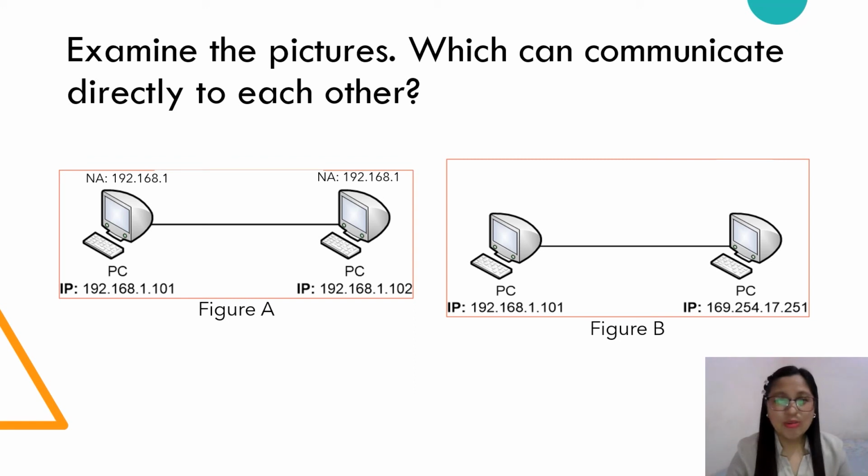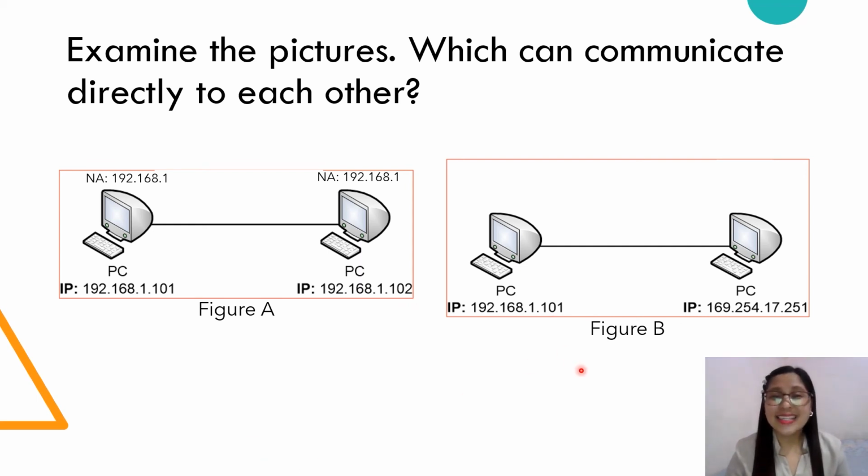Remember that the host address must be unique. No two computers or devices in the same network would have the same host address. Both PCs have different host addresses. The first one is 101 and the second is 102.